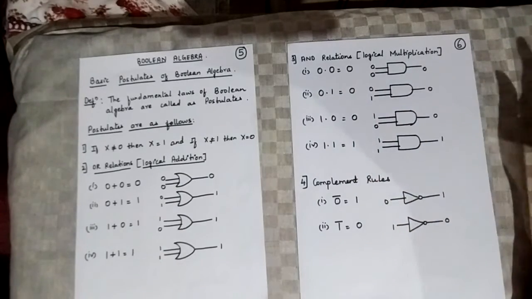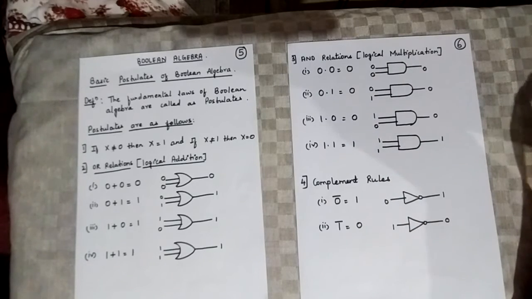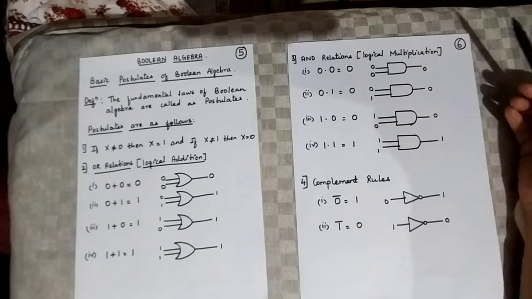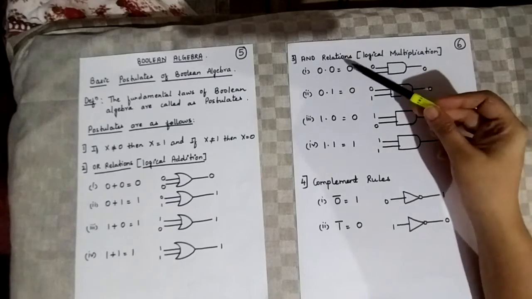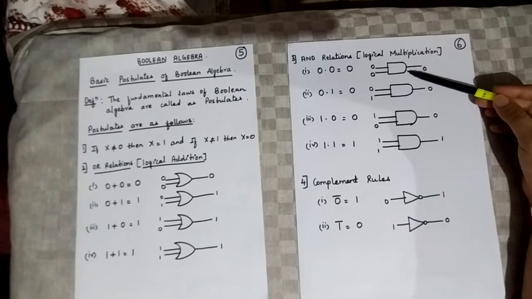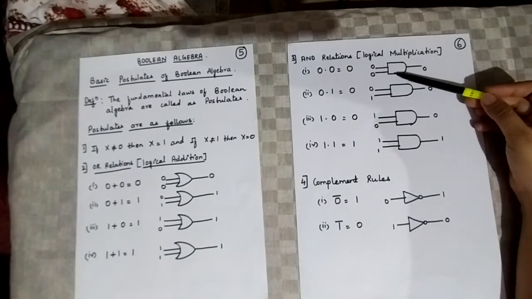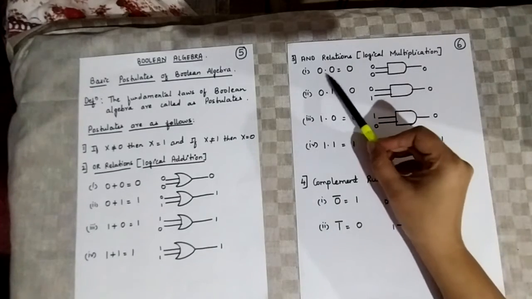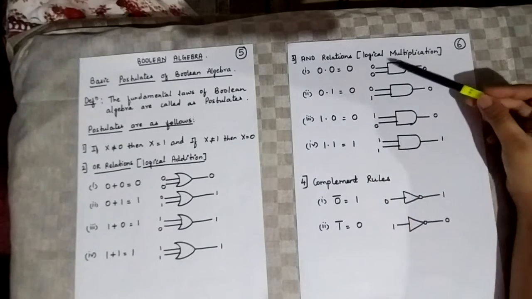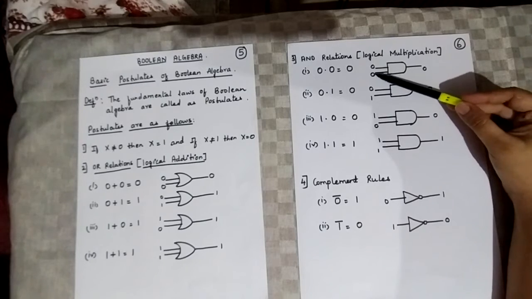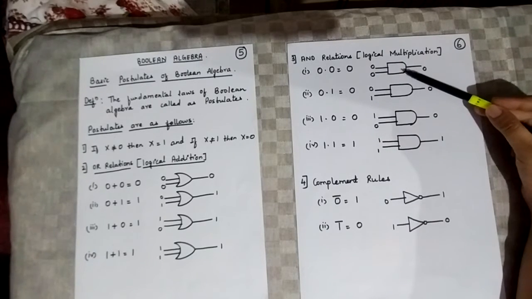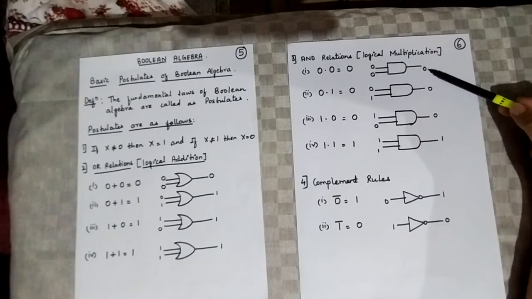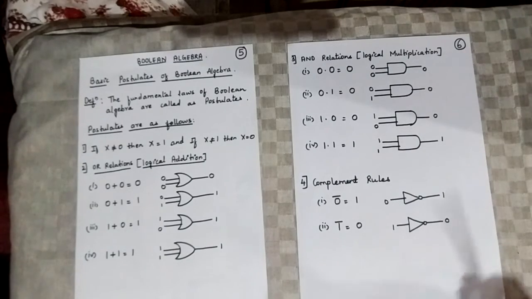When we are providing two inputs of low voltage, the result is going to be a low voltage value. Since these are AND relations, we are taking the AND logic symbol. With this AND logic symbol, based on this postulate, zeros and zeros are two inputs. So, we are showing 0 and 0 as the input to this AND gate, and the result is going to be 0 here.